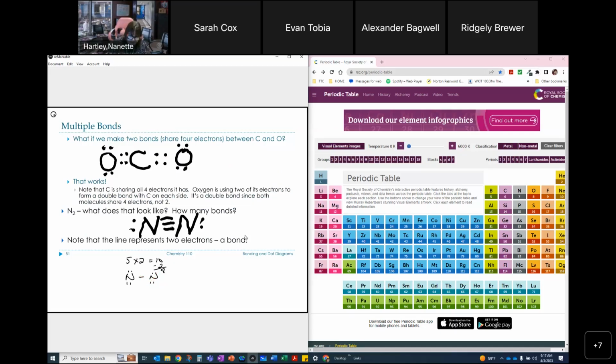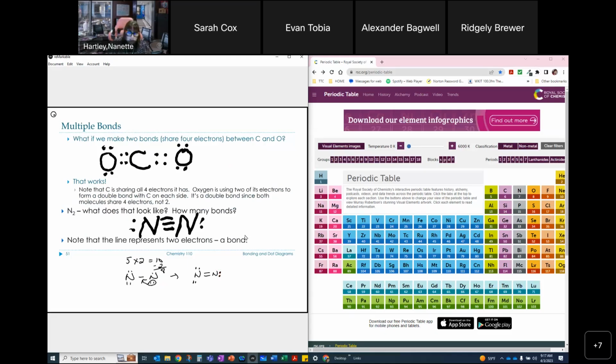So I can change this and move one of these lone pairs in here, and that gives me a structure that looks like this one. I've moved that one lone pair down just to make it more obvious.